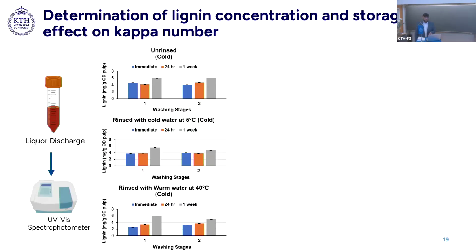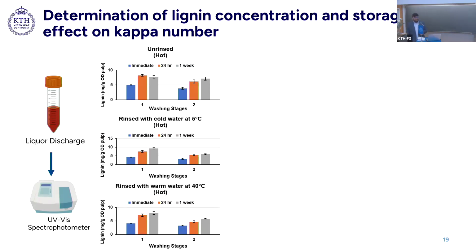And when we look into the liquor discharge obtained for all the washing experiments, the lignin concentration was measured using a UV spectrometer, and for the 3 sample groups stored at cold treatment, we could see more lignin present in the liquor if we stored the pulp for a longer time, which was seen even for the hot treatment, where the lignin concentration was high in the liquor discharge.